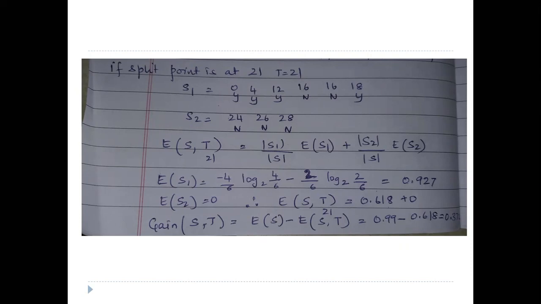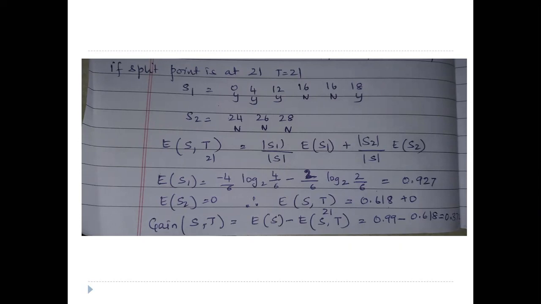So the same formula if you are trying to use, S1 by S, entropy of S1 plus S2 by S, entropy of S2. So let us calculate the entropy of S1. Now here the entropy of S1 is minus 4 by 6. Why 4, girls? P of Y is what? 1, 2, 3, yes, 4 values are 4, ma'am. 4 by 6 log 2, 4 by 6.